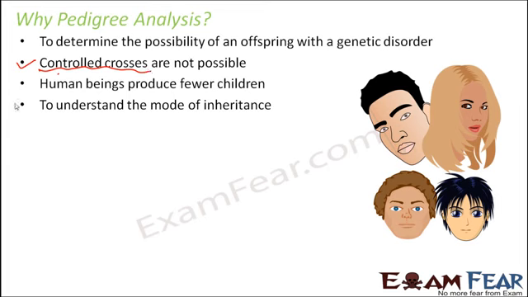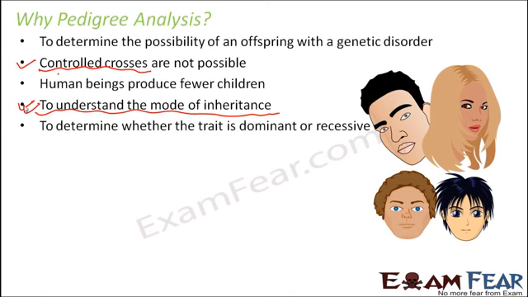Now this is very, very important. When we prepare a pedigree analysis chart, we get to see how the inheritance is actually taking place, how a specific trait is being passed on from one generation to the other. So it also helps to determine whether the trait is dominant or recessive. Now, how is it important to know this?